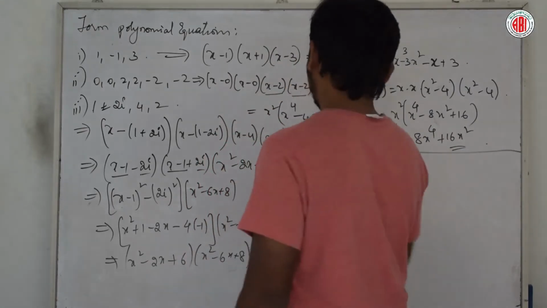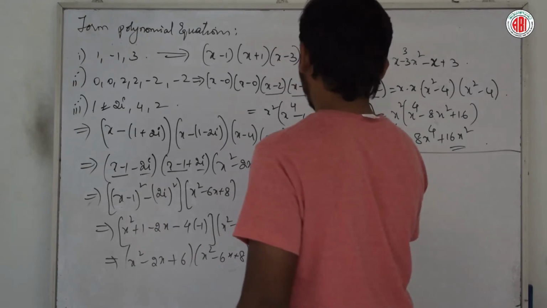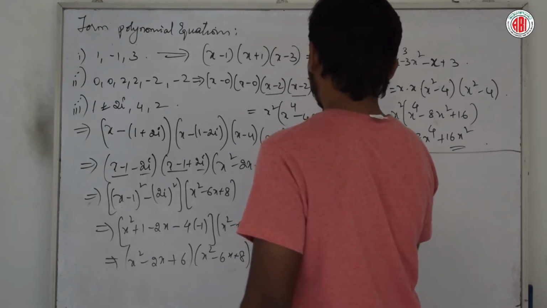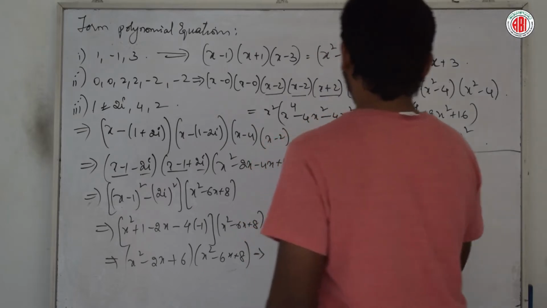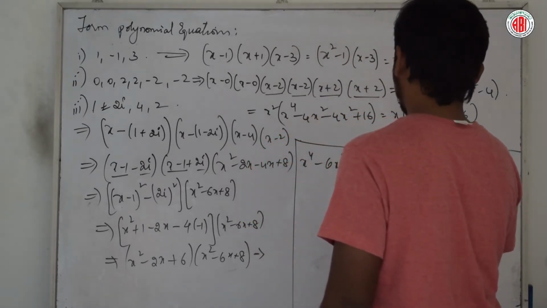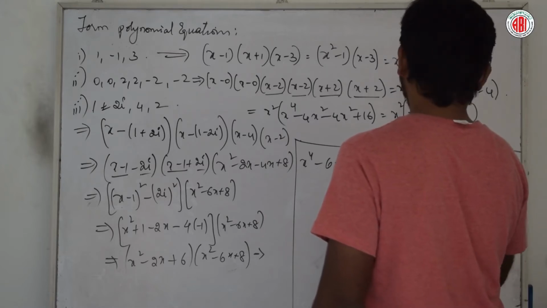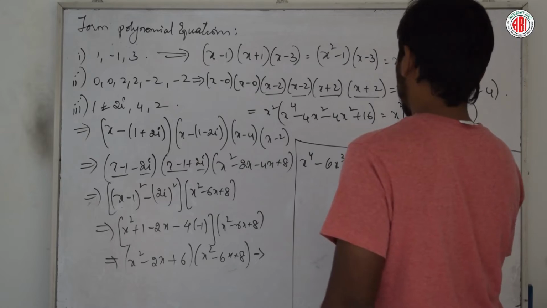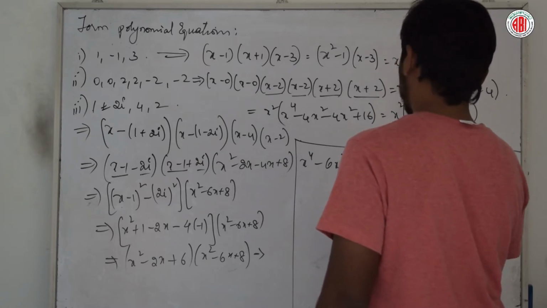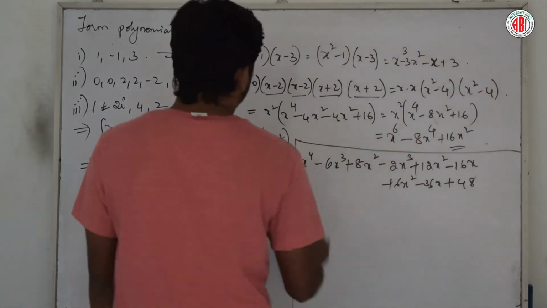X square into x square is x power 4 minus 6x cube plus 8x square minus 2x cube minus minus plus 6 2s are 12x square minus 8 2s are 16x plus 6x square minus 6 6 are 36x plus 8 6 are 48. Is it right?